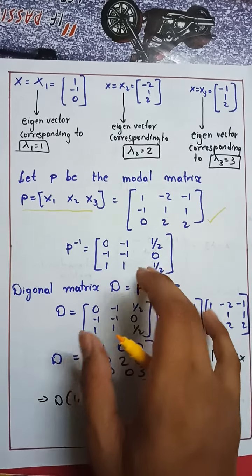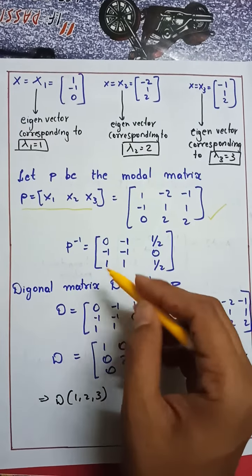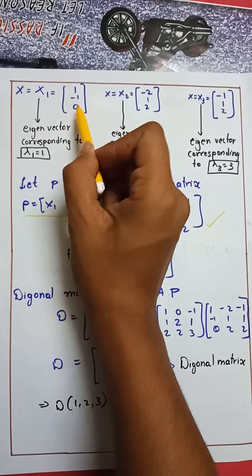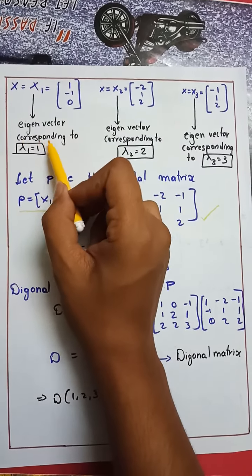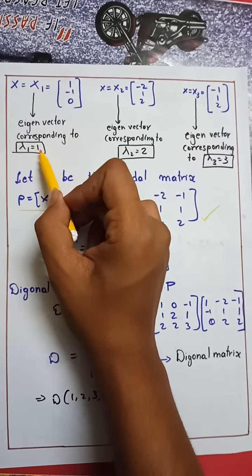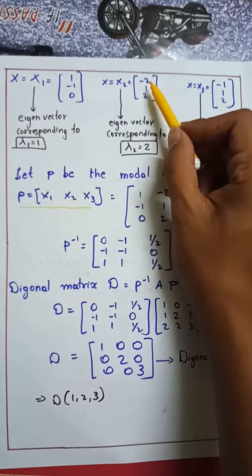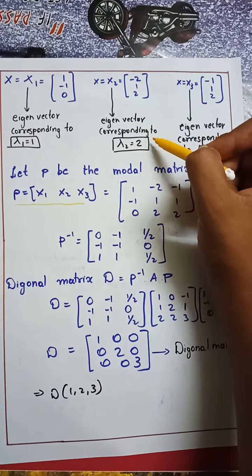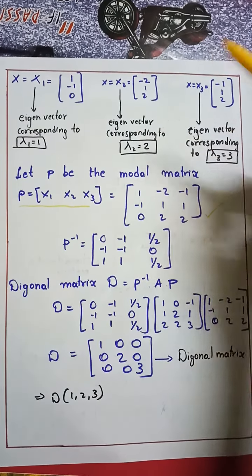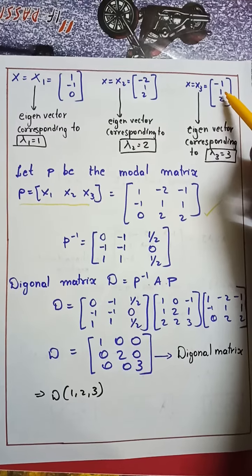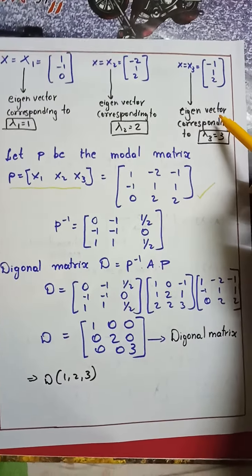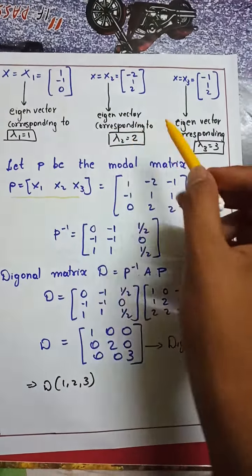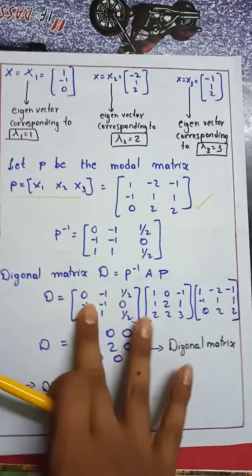After finding the eigenvalues, we can also find the eigenvectors: x1 is equal to [1, -1, 0], which is the eigenvector corresponding to lambda 1 is equal to 1, x2 is equal to [-1, 1, 2] is the eigenvector corresponding to lambda 2 is equal to 2, and x3 is equal to [-1, 1, 2], which is the eigenvector corresponding to lambda 3 is equal to 3. These three are the eigenvectors corresponding to their eigenvalues.